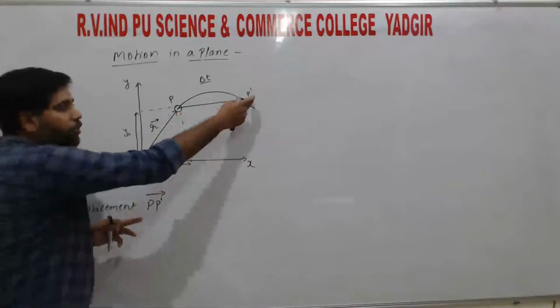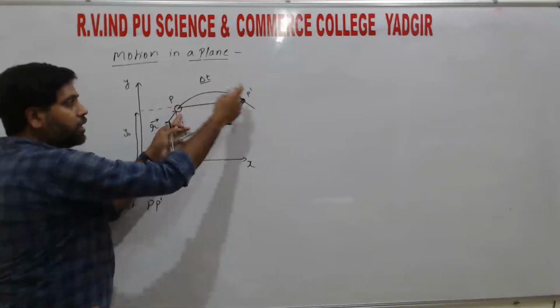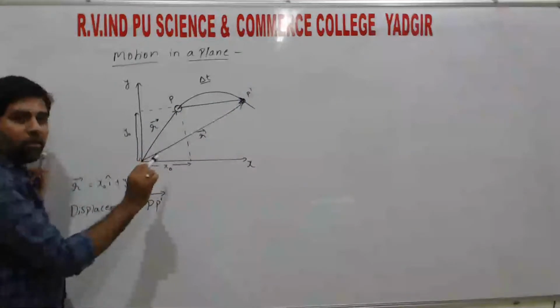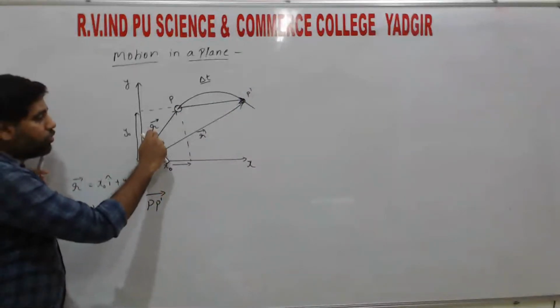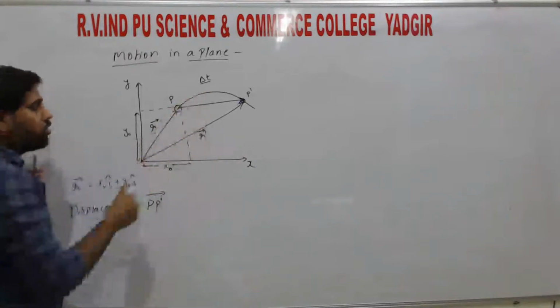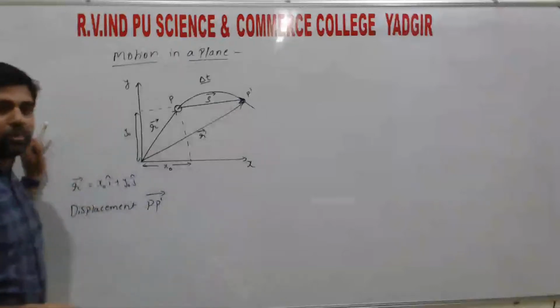R dash is the position vector of particle p dash. Here we are going to find the displacement vector p p dash, so again by the triangle law of vector addition, r dash and p p dash, we call this the displacement vector.